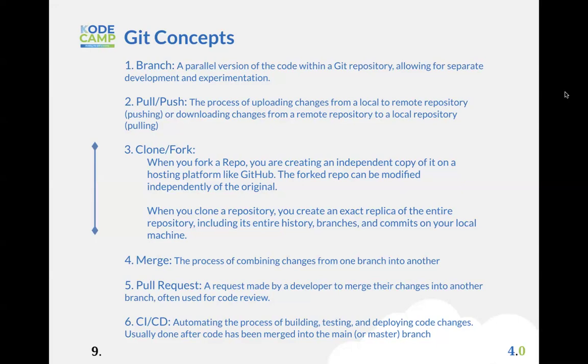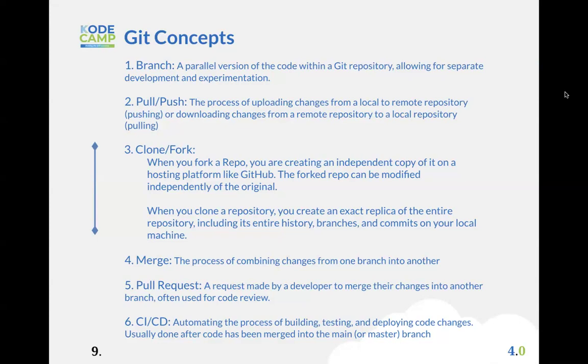Now, to cloning and forking. When you're working with a repository, cloning is the act of creating an exact replica of the entire repository, which includes the various commits, the various branches, and the various previous versions of that repository, into your local machine.